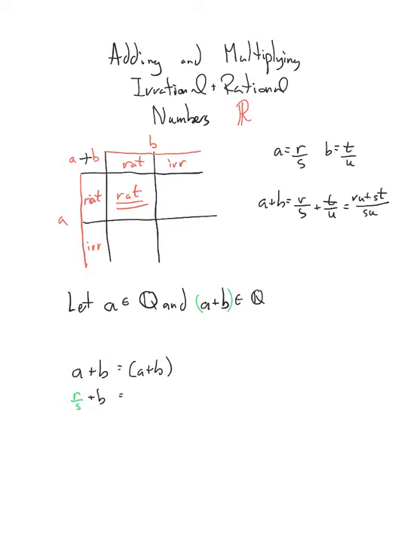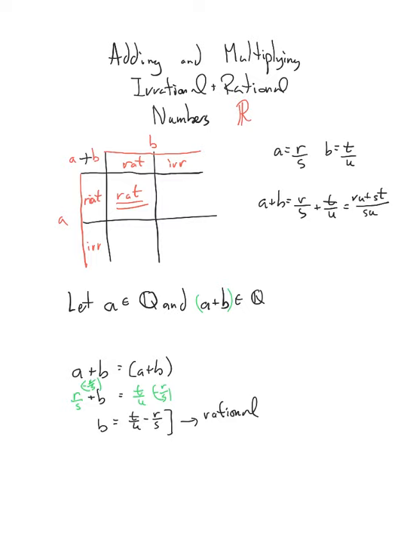Let's call that, I don't know, T over U. But then if we want to solve for B, we just subtract R over S from both sides. So we get that B is T over U minus R over S, which is indeed a rational number. You're subtracting two fractions, you get another fraction.